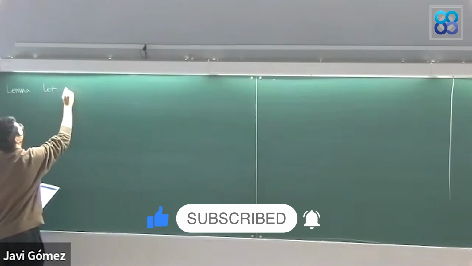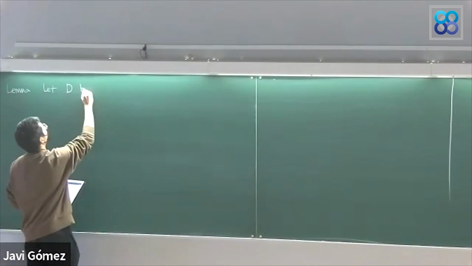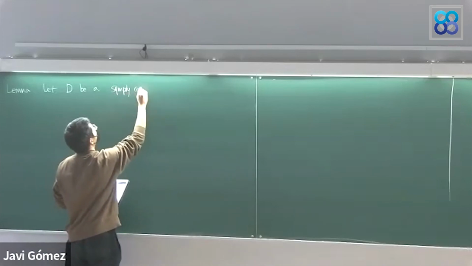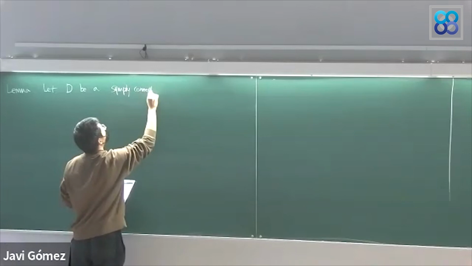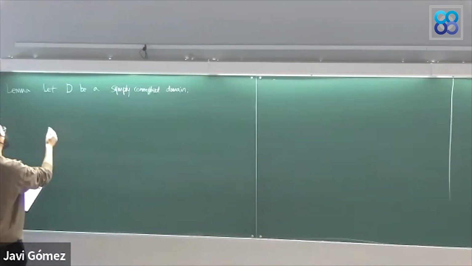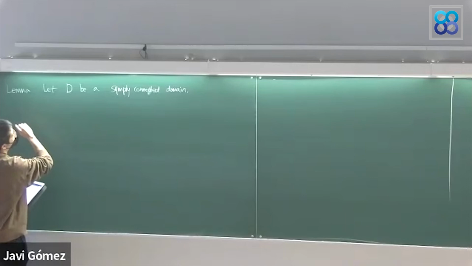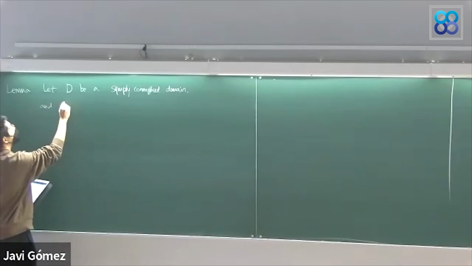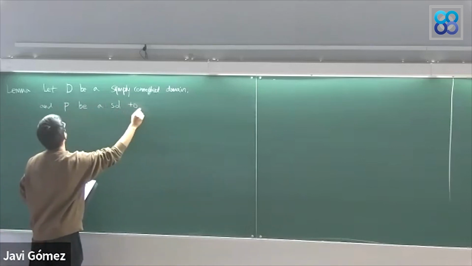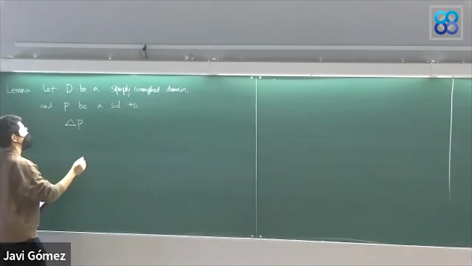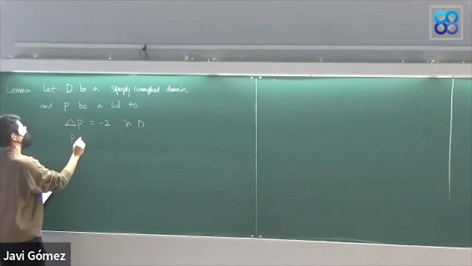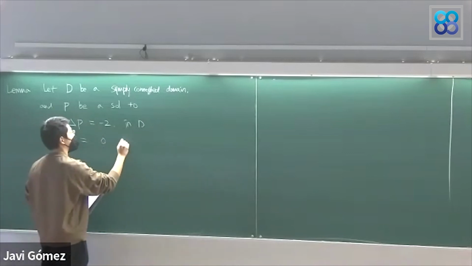We consider a simply connected domain, and a function P that is a solution to a certain elliptic equation: the Laplacian of P is equal to -2, and P has trivial values on the boundary.